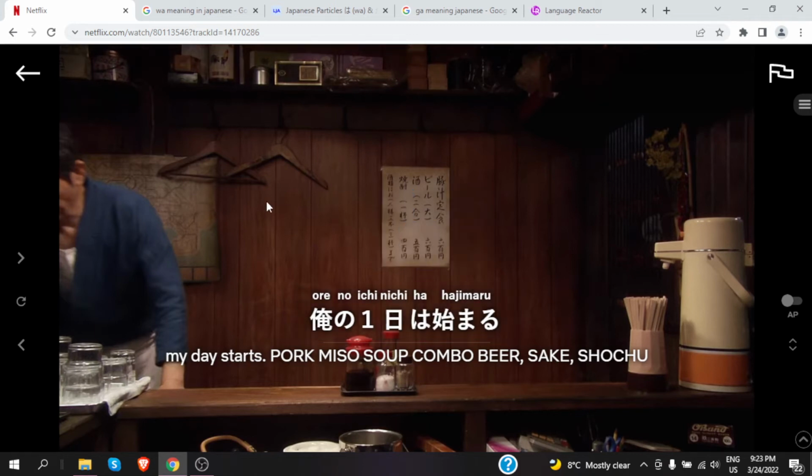Okay, so I've learned enough. Now I'm gonna recall from memory with the visualization. Here, I'm visualizing something beginning. Hajimaru, hajimaru. So now, from memory, I'm not looking at the screen. Ore, it's I, informal, casual.